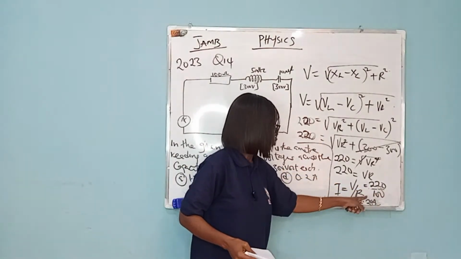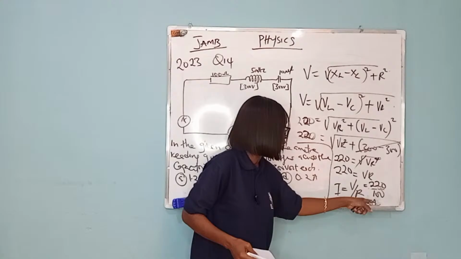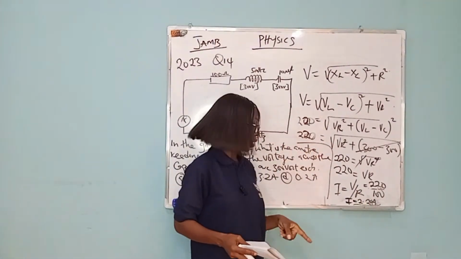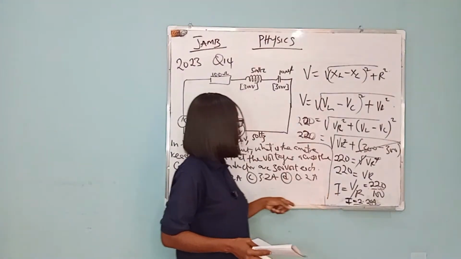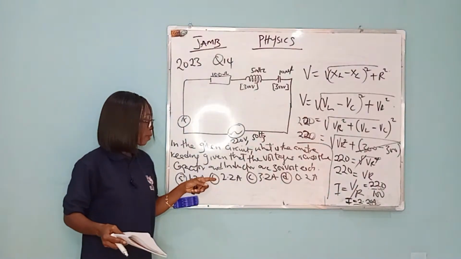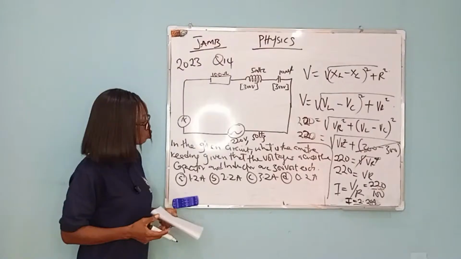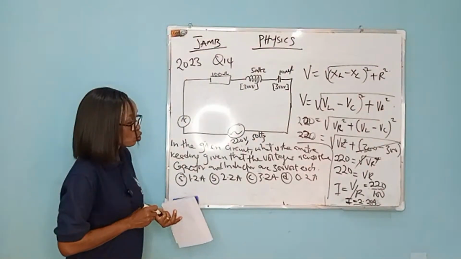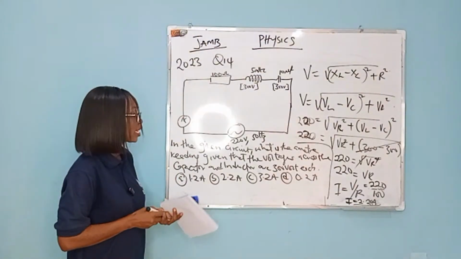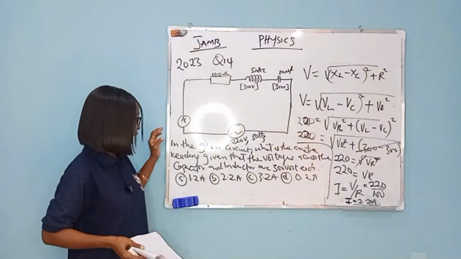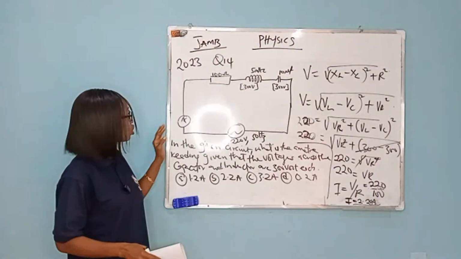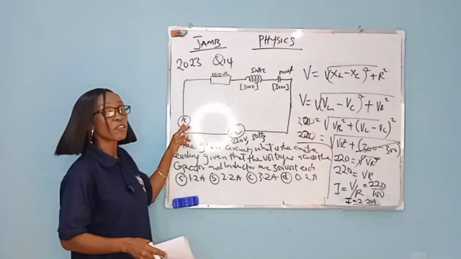If I divide 220 by 100, I get 2.20 ampere. So the answer to this question is option number B, 2.2 ampere. 2.2 ampere is the current reading at the ammeter, the instrument for measuring current in this circuit.